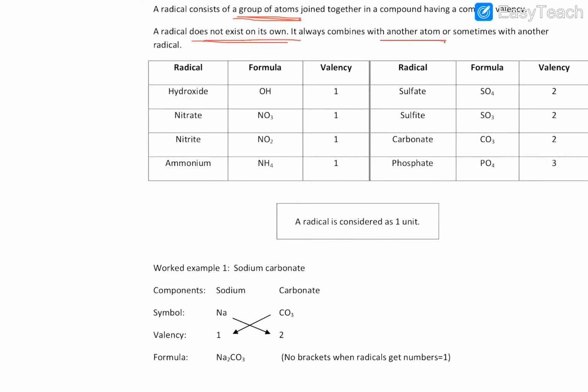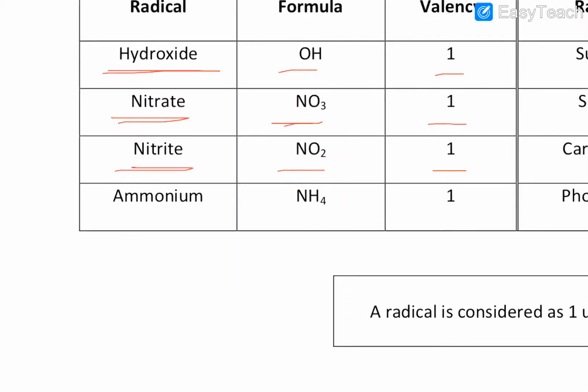And here you have examples of radicals. So hydroxide radical has formula OH, valency 1. Nitrate radical has formula NO3, valency 1. Nitrite, NO2, valency 1. So you have to pay attention.